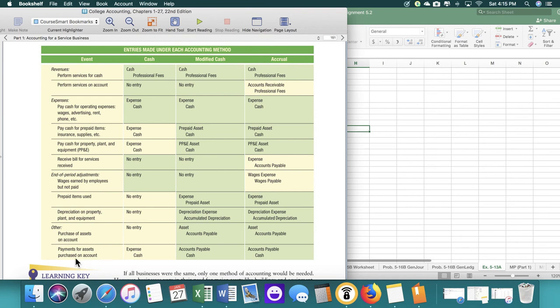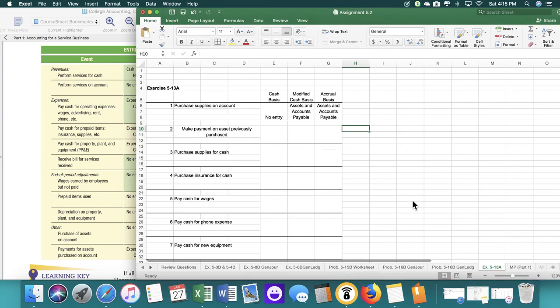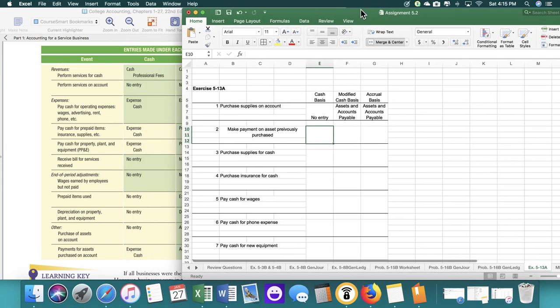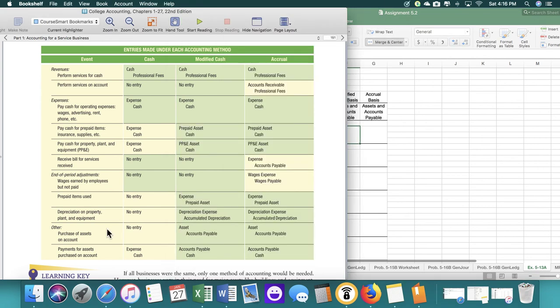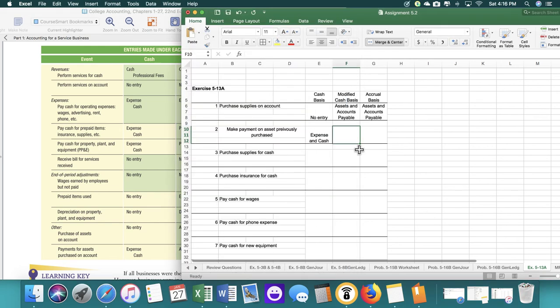Payments for assets purchased on account. So since we're going to be using cash, we're going to have expense in cash for the cash basis. Again, you're going to have to click on wrap text. For modified cash basis, it's going to be accounts payable in cash, and then accrual is accounts payable in cash.